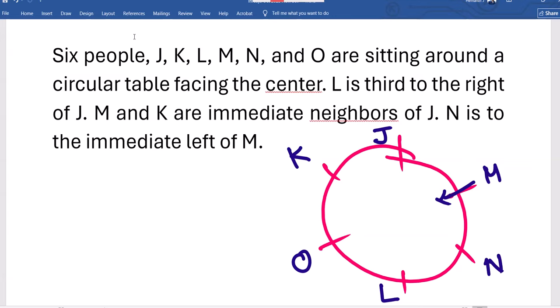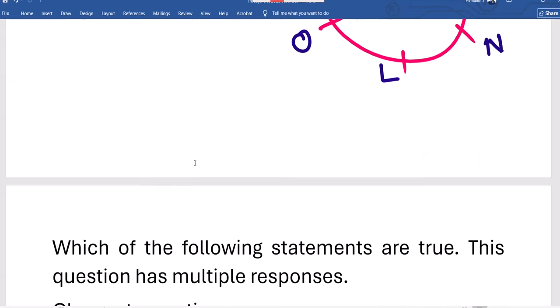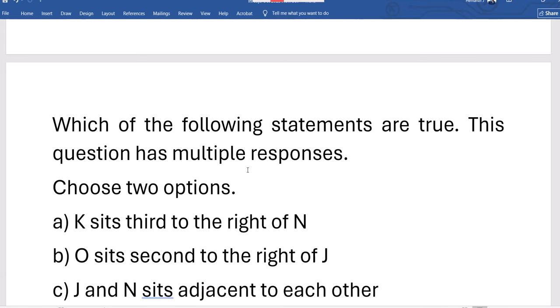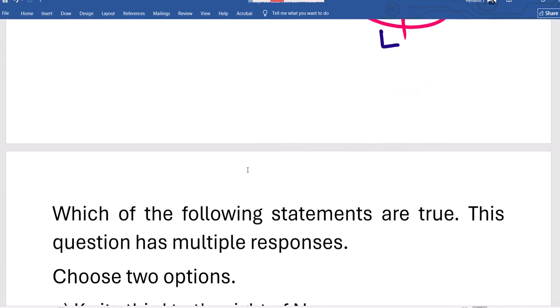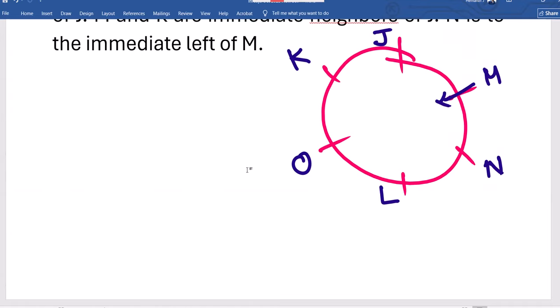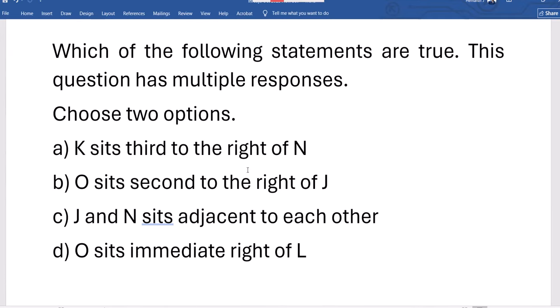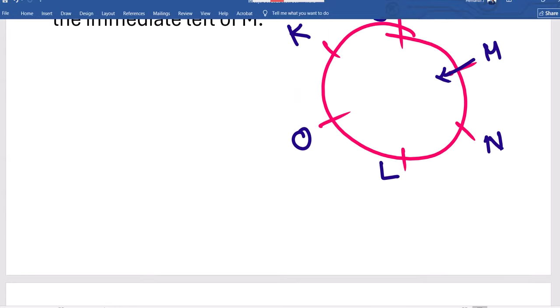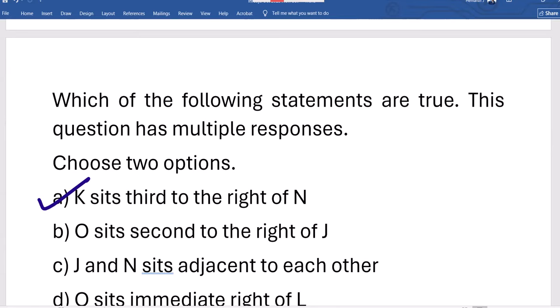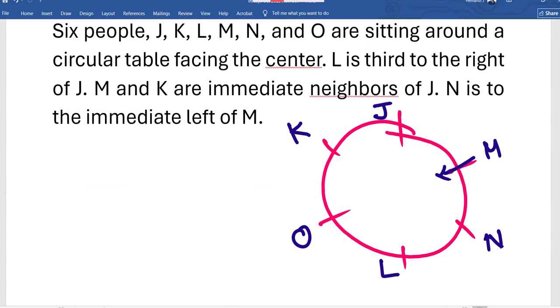Right. Now we'll go for the statements. Statement 1: K sits third to the right of N. Third right, third left means opposite. Are K and N opposite? Yes, K and N are opposite. First option A is correct. Then O sits second to the right of J. J, second right, O. Correct.